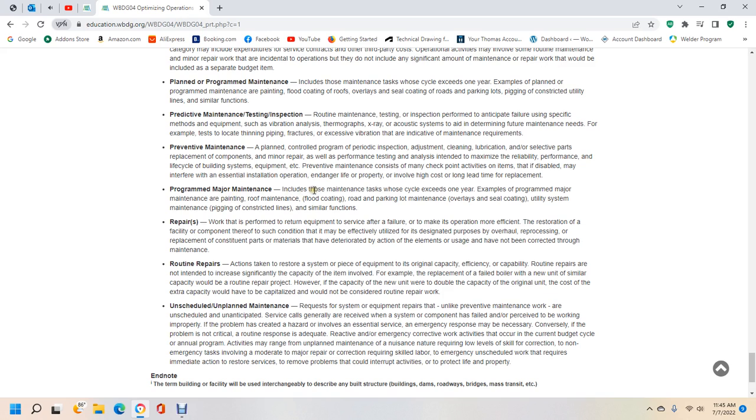Program major maintenance includes maintenance tests whose cycle exceeds 1 year. Examples are the program major maintenance for planning, roofing maintenance, flood coating, road maintenance with overlay and seal coating, utility system maintenance, and piping of the constructed line, similar functions.